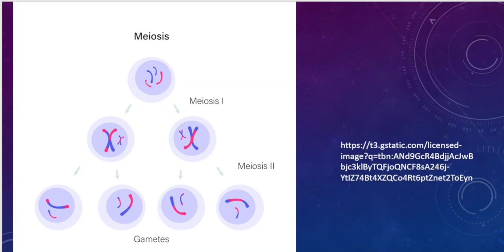The first division is known as meiosis 1, as you can see on the screen, and the second division is known as meiosis 2. So what actually occurs in these two divisions? That's what we are going to understand right now.